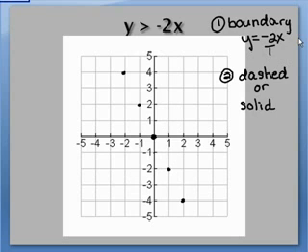This just says greater than. So greater than says it cannot equal the points on the line. So that tells us then it's dashed. Okay, so then I go back, I sketch in that line with a dashed line.